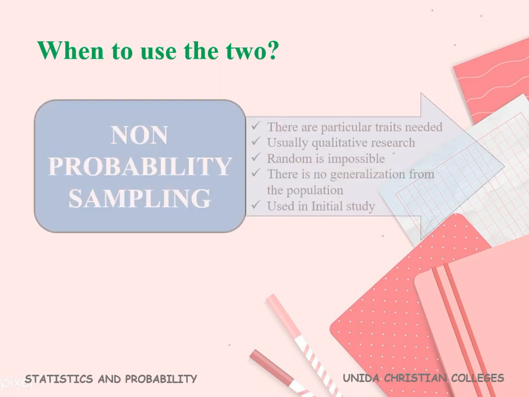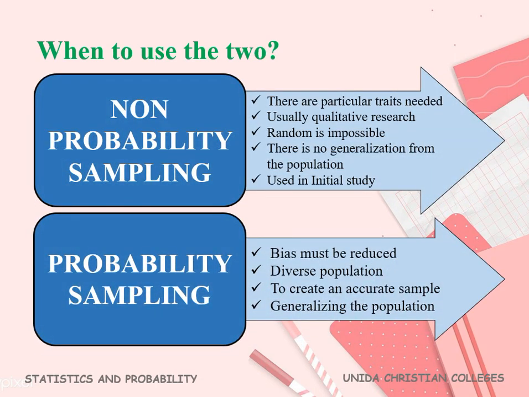Okay. So, si non-probability, magagamit natin siya kapag meron lang tayong particular or specific traits na kailangan. Usually, ginagamit po ito sa mga qualitative research. Ayan. So, random is impossible since ikaw po mismo yung nag-select ng iyong magiging respondent based on your judgment or based po sa kung saan po convenient or kung sino lang po yung available.